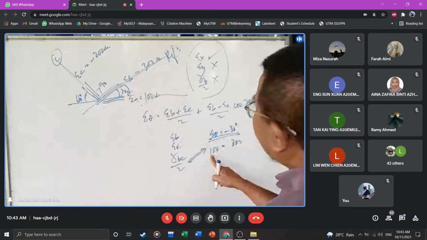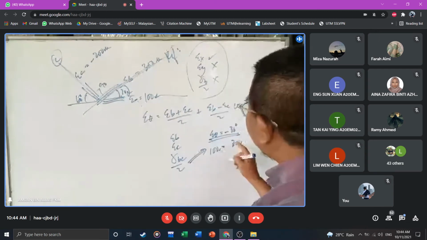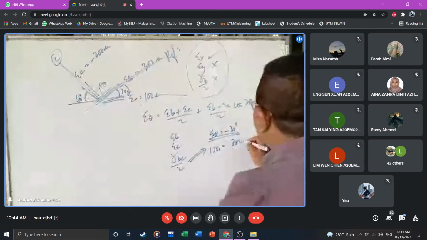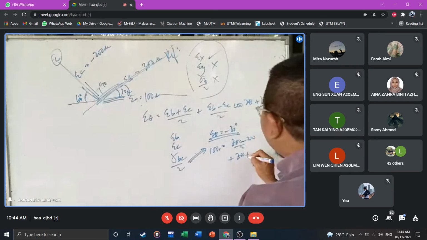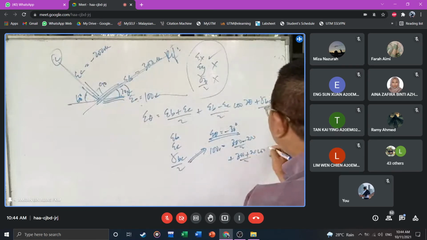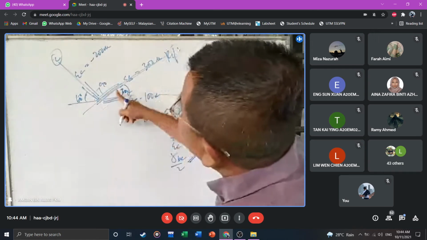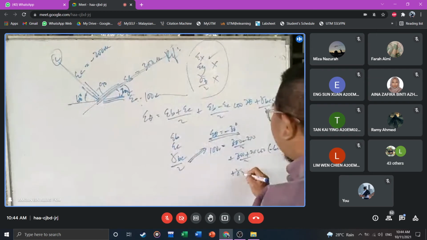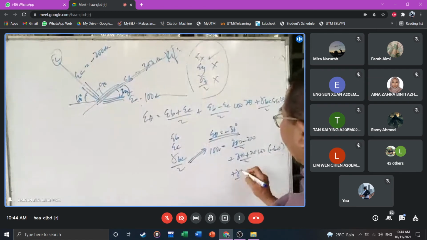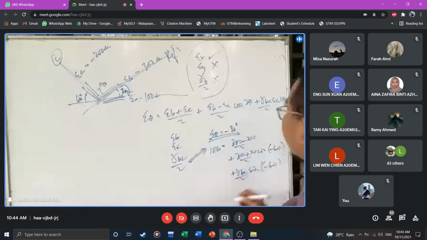This is E theta. Here, 100 microstrain, 300 and minus 200. Minus 200 divided by 2 plus 300 minus minus 200 divided by 2 cos 2 theta. What's the angle there? Minus 30 degrees, so 2 theta is minus 60 degrees, cos minus 60, and then gamma BC over 2, sine minus 60 degrees.